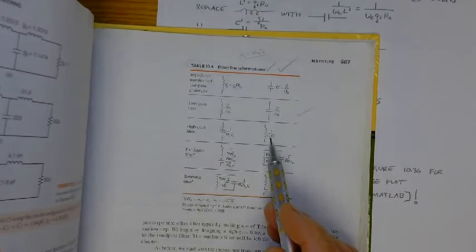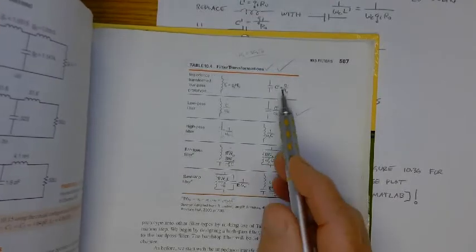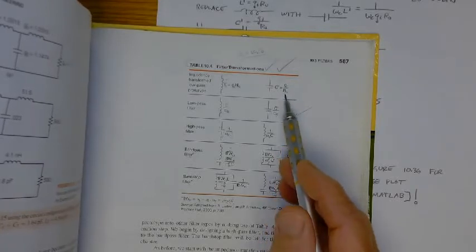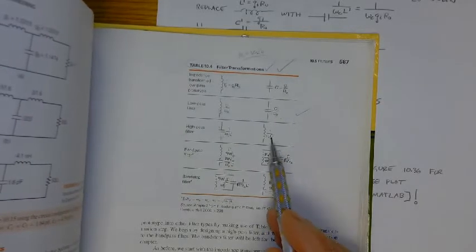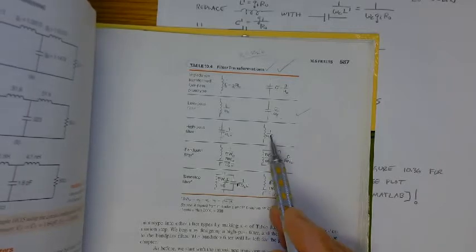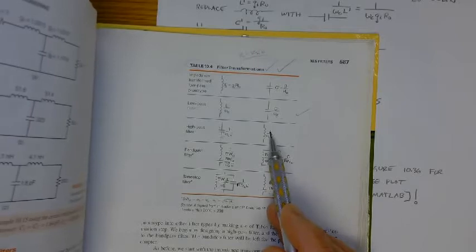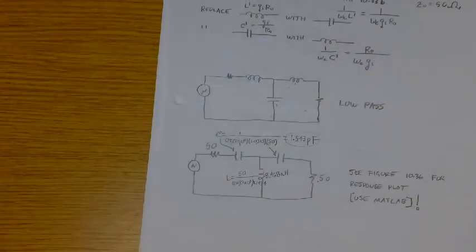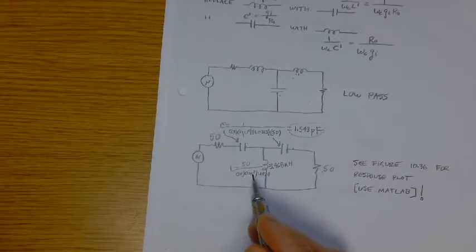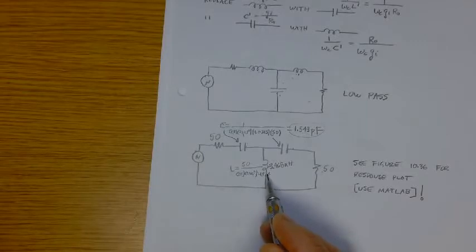So the R naught goes in the numerator, and for the inductance value it's 50 divided by quantity, 2 pi times 10 to the ninth times the second value from the table, which is 1.1474, and that gives us 3.468 nanohenries. And then this C is the same because the third value of the table is the same as the first value from the table. So voila, we've got our design.